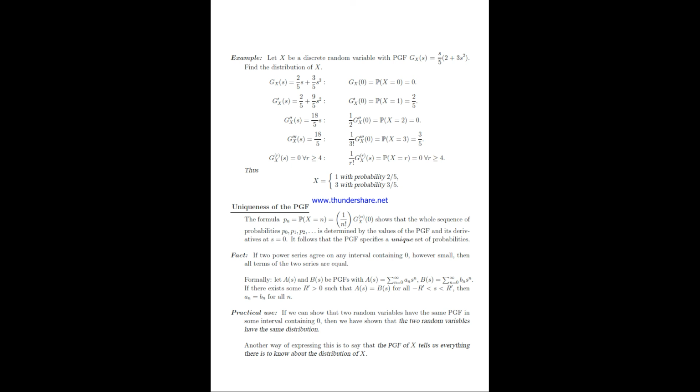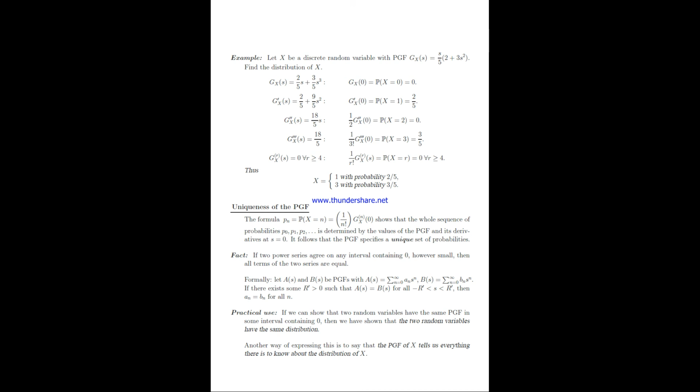The respective probabilities of a random variable are unique to that random variable. So if the probabilities are unique, and you can find them using the probability generating function, then the probability generating function is also unique.